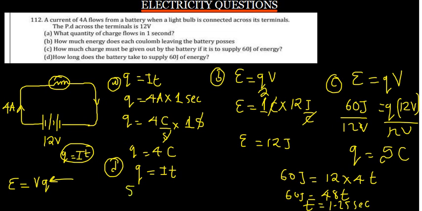Charge is 5, the one we calculated here when you have 60 joules, and then current in this question is 4 multiplied by time. So if we divide 5 divided by 4, that will give us 1.25 seconds. So whatsoever you use, you are going to find the same answer.